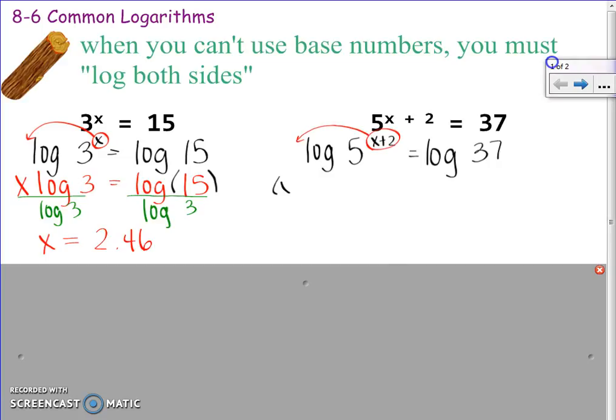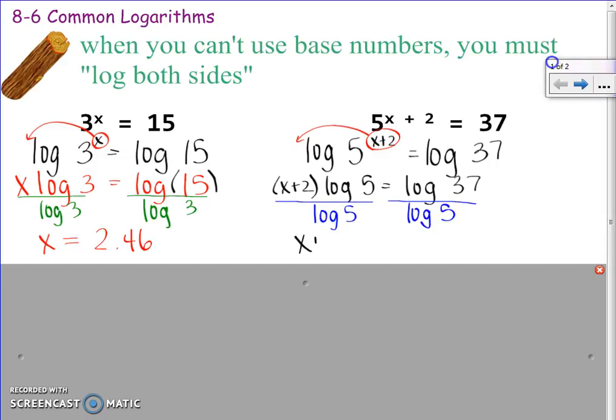So now we've got x plus 2 log 5, and this didn't change at all, so that's still log 37. What do we do now? Somebody help me out. What do I get?